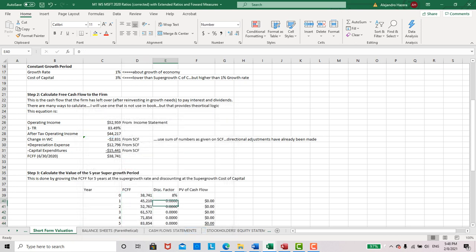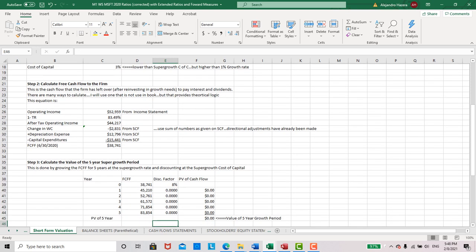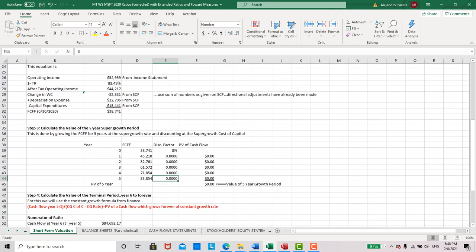Now the discount factors. Discount factors are right out of finance. I don't like to use annuity formulas here, because the numbers change. For bonds, that wouldn't be true, but here the numbers change. So what we're going to do is take 1 divided by 1 plus 8%, so that number could change and we could play what-if analysis with it.